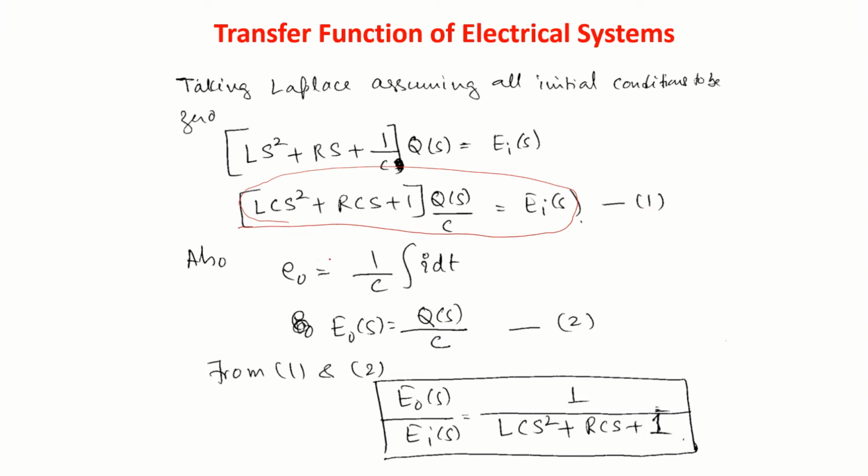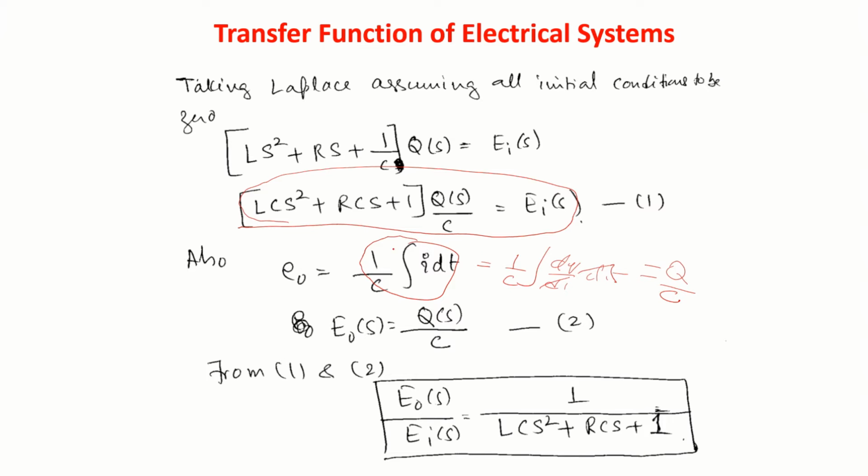Now E naught I am taking across C, 1 by C integral of i dt. This can also be done as 1 by C integral dq by dt dt. You cancel this, it is q by C, correct?